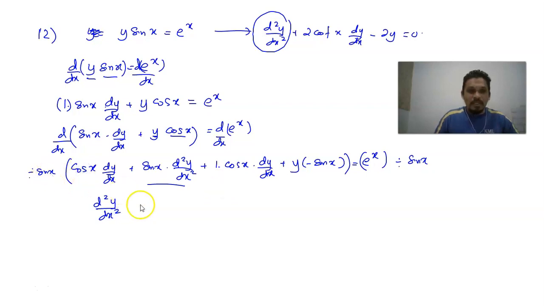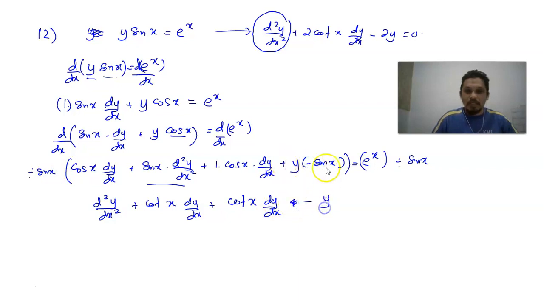Cos over sine is cotangent x, so plus cotangent x dy/dx, plus another cos over sine equal to cotangent x dy/dx. And sine x divided by sine x, with the negative, gives negative y, equal to e^x divided by sine x.